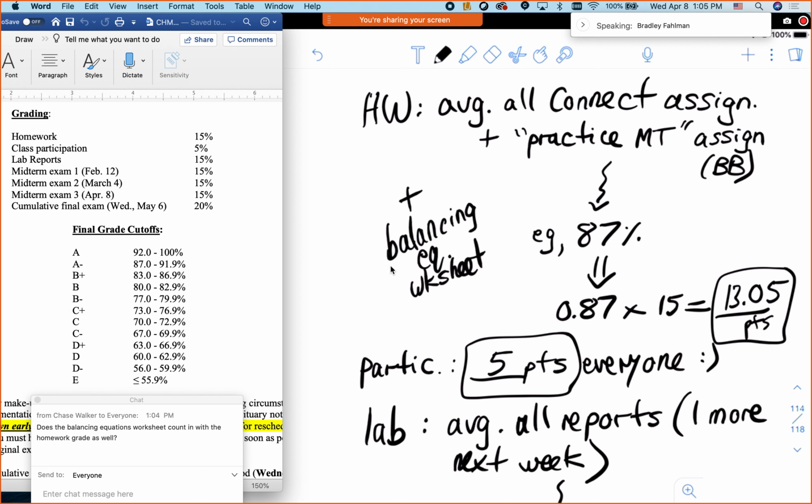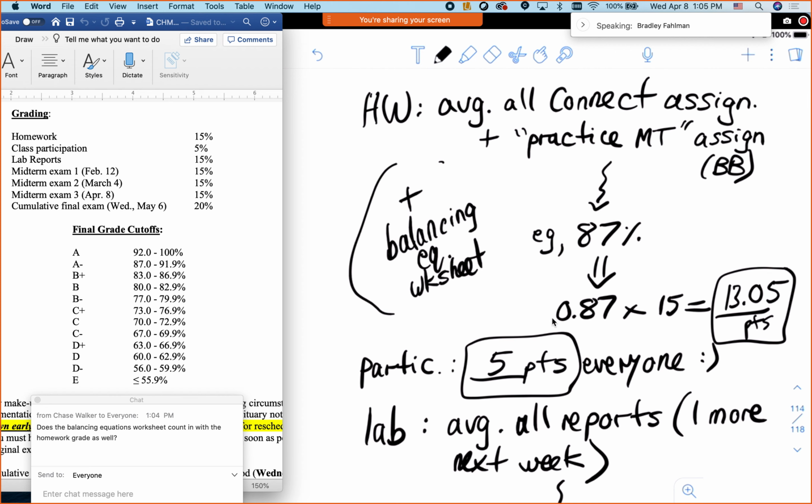So you average that together as well. I don't think there was anything else, but I totally forgot about that. I think that's on Blackboard. Do you have a grade in there in Blackboard for that? Yes, we do. Good. So that should be fairly easy to add in there.